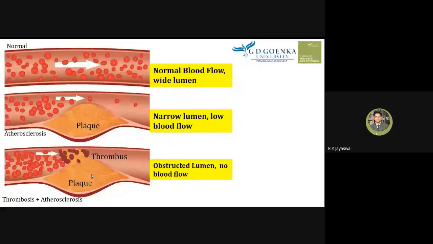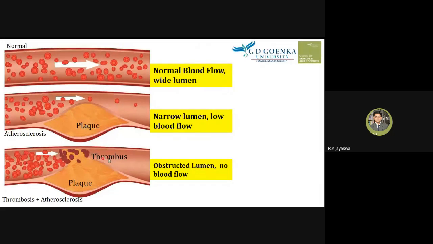Now in the third image we can see atherosclerosis, the plaque formation, and in addition there is thrombus formation where the clot with the plaque has obstructed the lumen, and now there is no blood flow.